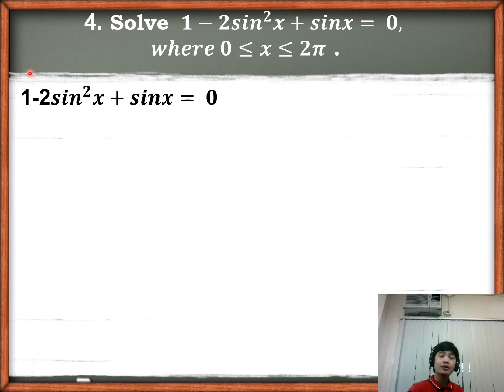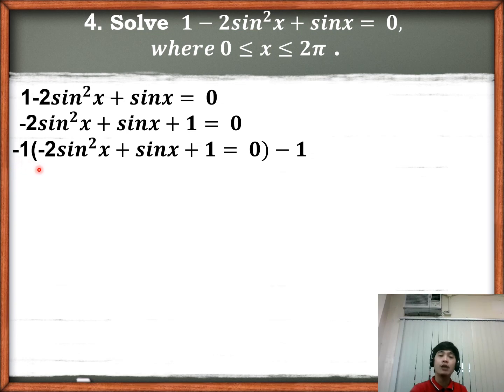So, let's go back to our equation: 1 minus 2 sine squared x plus sine x equals 0. Let's rearrange it: negative 2 sine squared x plus sine x plus 1. It now looks like a quadratic equation, but this will be easier to solve if we make the expression positive, so we multiply both sides by negative 1.